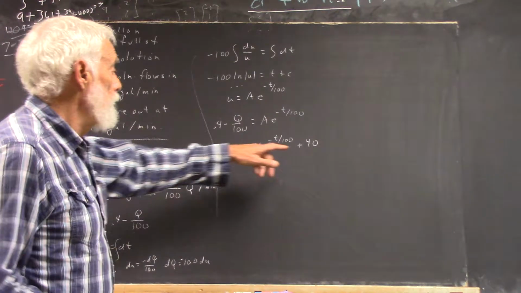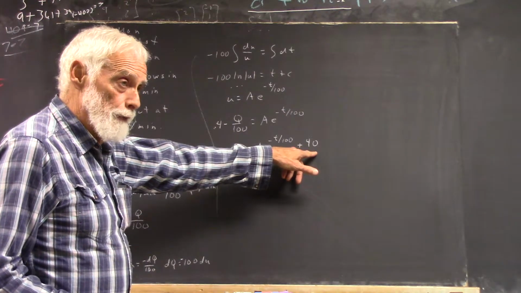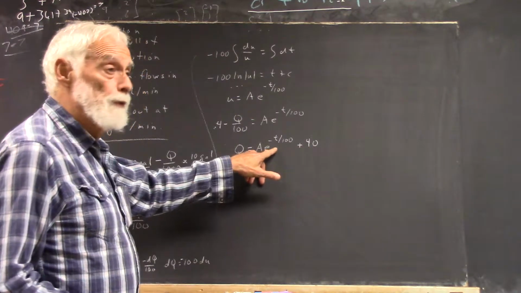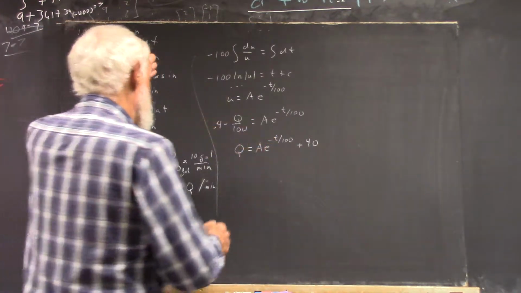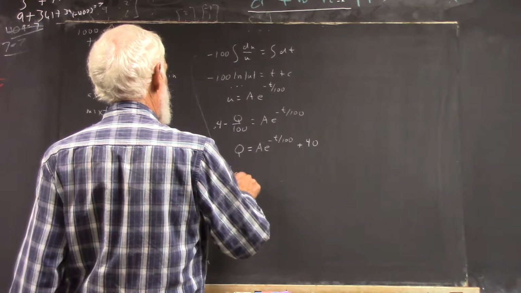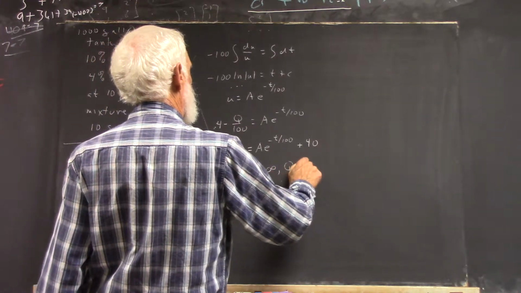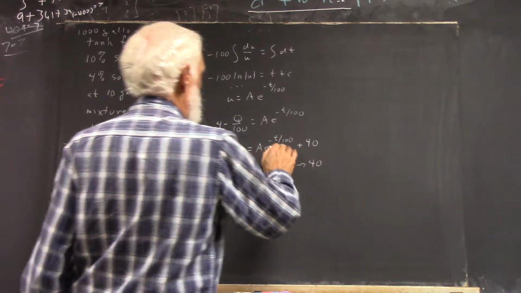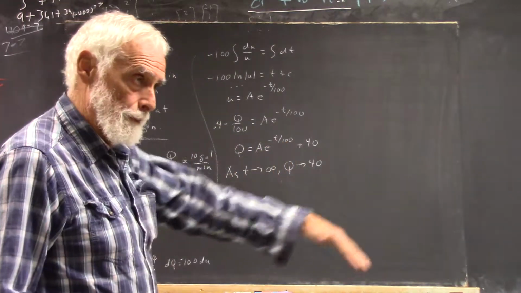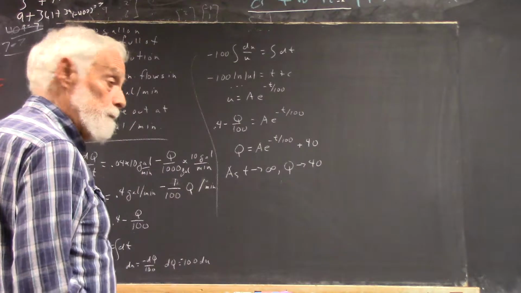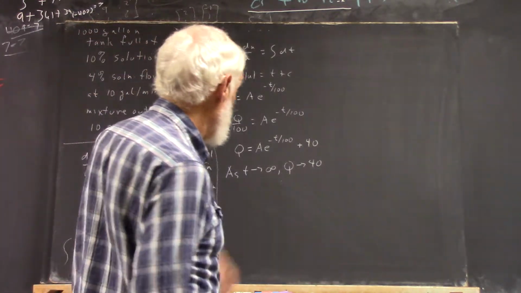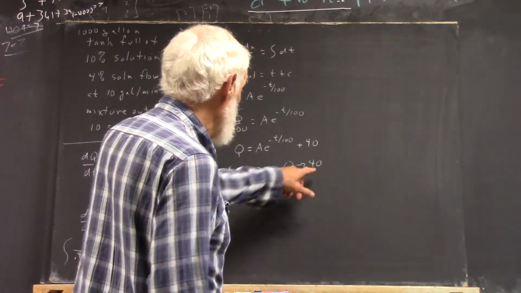40 is going to be the amount of solute you have as t approaches infinity. Because clearly this decreasing exponential is going to approach 0. So q is going to approach 40. What's that mean?